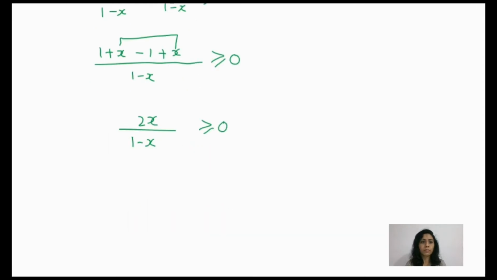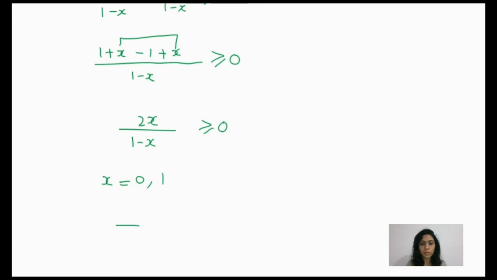The factors of left hand side are 2x and 1 minus x. These are 0 when x is equal to 0 and 1. So these numbers divide the real line into intervals. x can be 0 or 1 when these factors are 0.